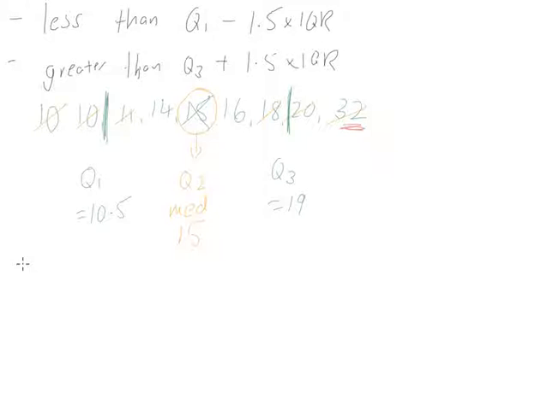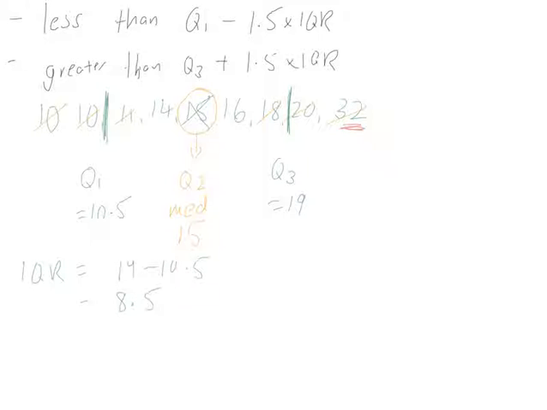So my interquartile range is going to be 19 minus 10.5, and I think you'll find that's 8.5. At this point, I'm wishing I had rigged my numbers to get something a little bit easier. But anyway, the interquartile range here is 8.5.